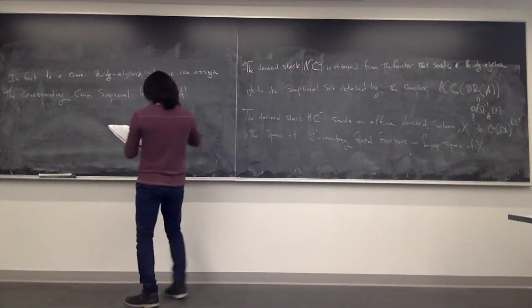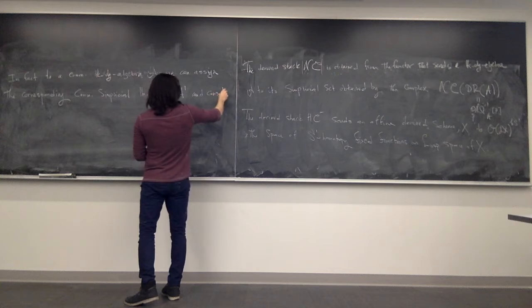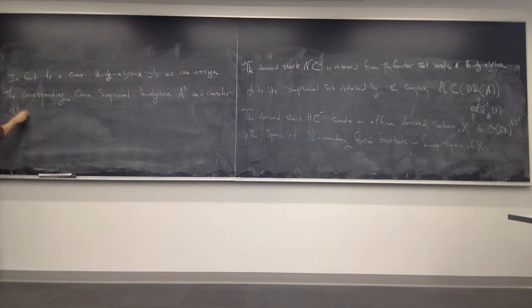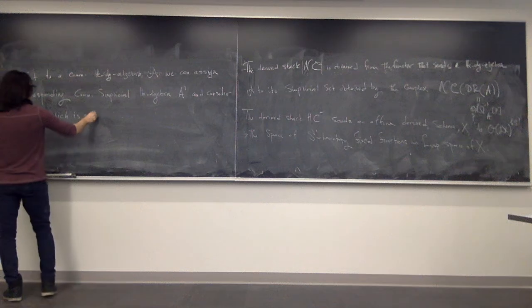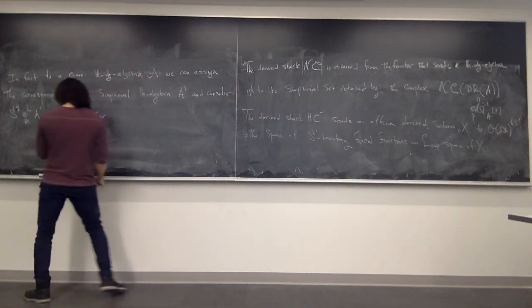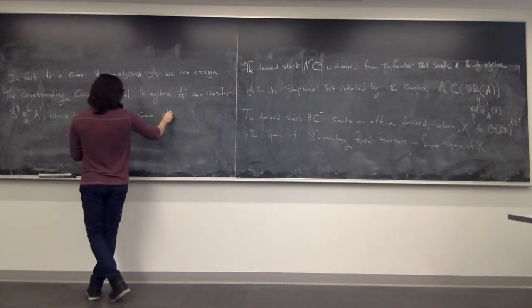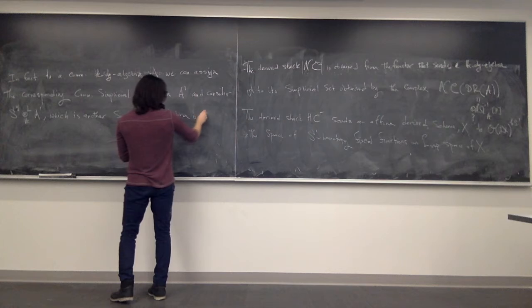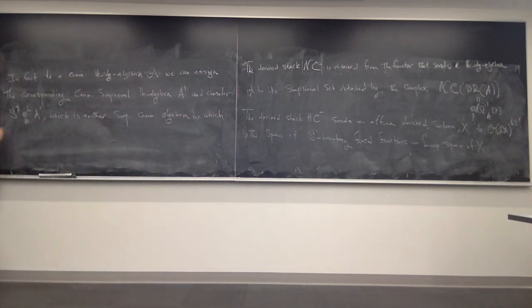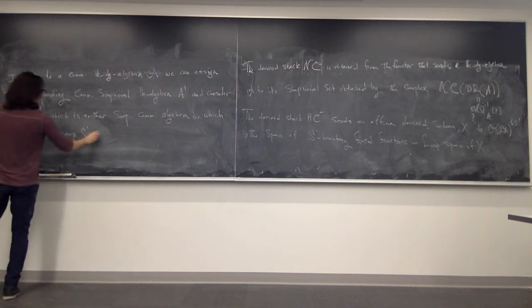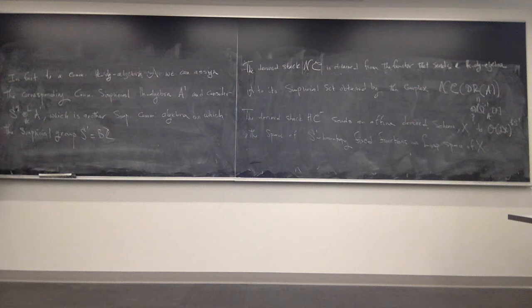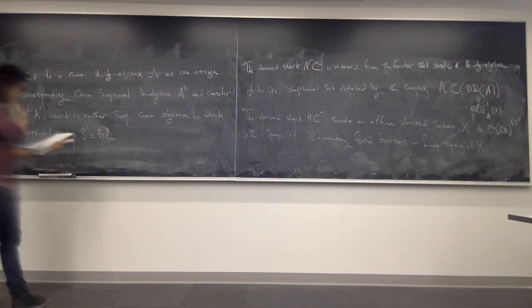Consider S1 tensor over K with A prime, which is another simplicial commutative algebra, on which the simplicial group S1, which we realized before as BZ, acts.